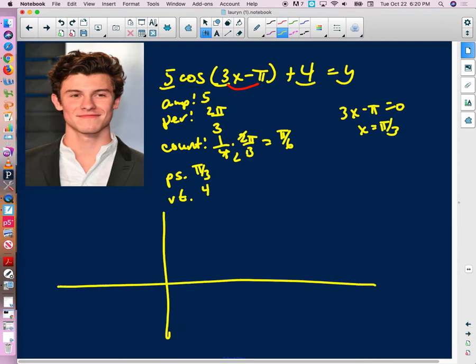Okay, going to kind of start to think pi over 6 is half of pi over 3. So I'm going to move out here, and I'm going to call this pi over 3. I'm going to call it 2 pi over 6. Plus pi over 6 is 3 pi over 6, or you could reduce to pi over 2. 4 pi over 6, you could reduce to 2 pi over 3. 5 pi over 6, 6 pi over 6.